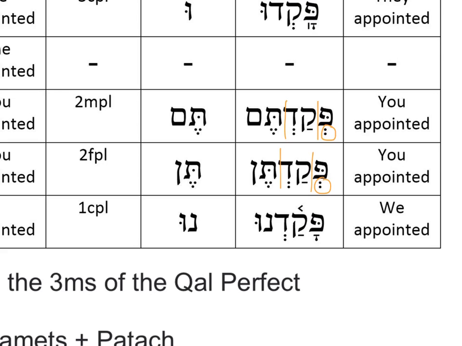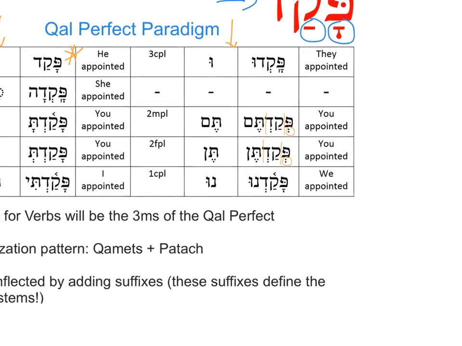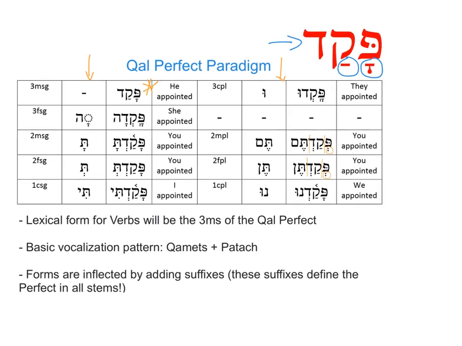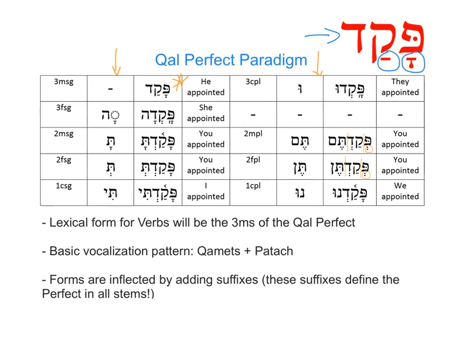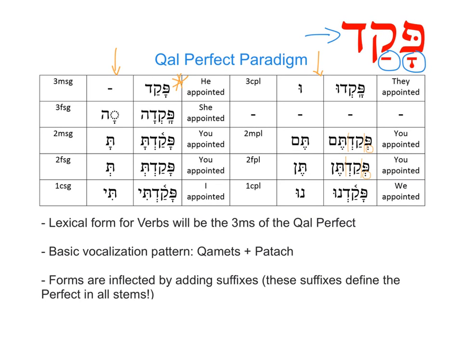Now, when that kametz is in that first position, and we are adding those heavy, what we'll call heavy closed syllable, those CVC endings, tem or ten, then that's going to draw the accent so strongly that it will have the effect of reducing that vowel, and that's why we're seeing that shva there. So that's getting back to something we have seen quite some time ago, but now we're applying that idea of propretonic reduction to this new world of verbs that we're in. So that's one thing to be aware of. A few other things to be aware of.